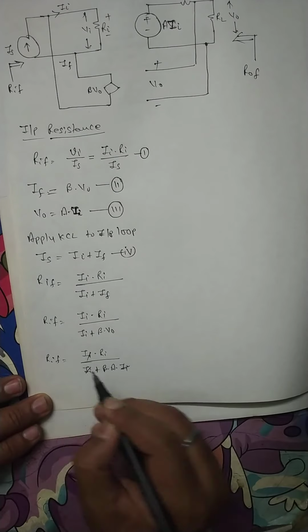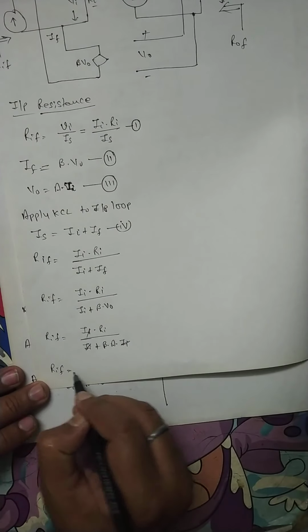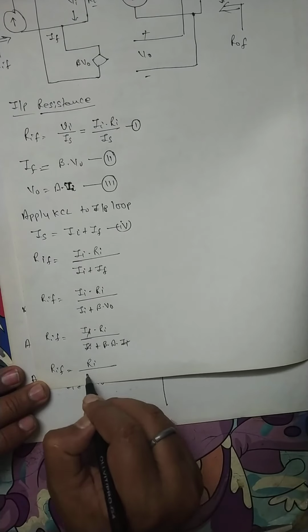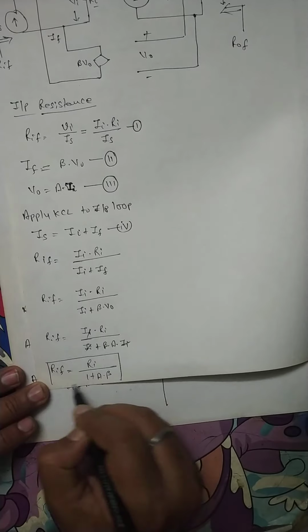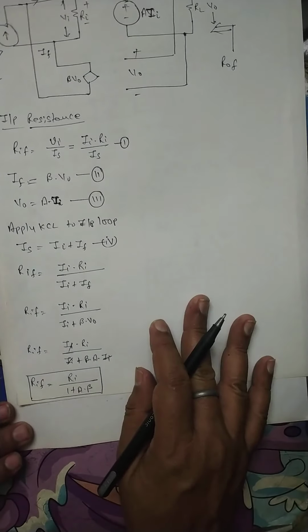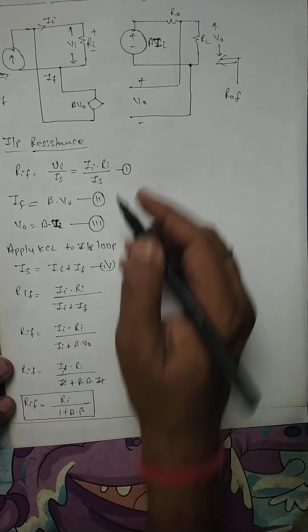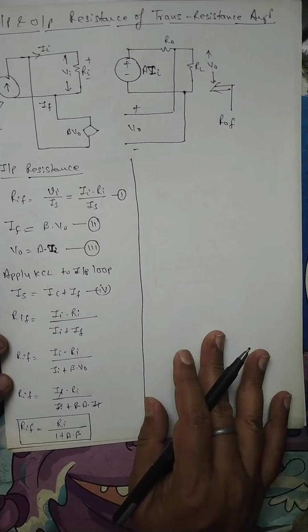So Ii will be cancelled out. So Rif = Ri / (1 + A × beta). So this is the feedback resistance, with feedback, in case of the transresistance amplifier.